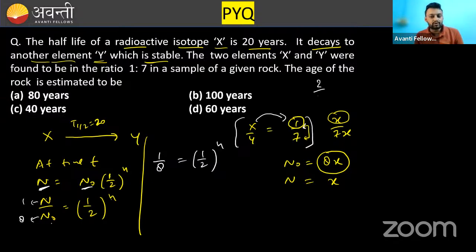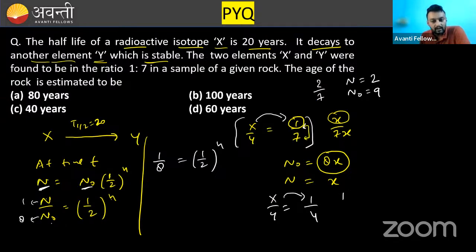If this ratio was 2:7, then remaining nuclei were 2 out of total nuclei 9. If the ratio of X to Y is 1/4, that means remaining nuclei of X is 1 and total nuclei were 5. That's how you can calculate these things.